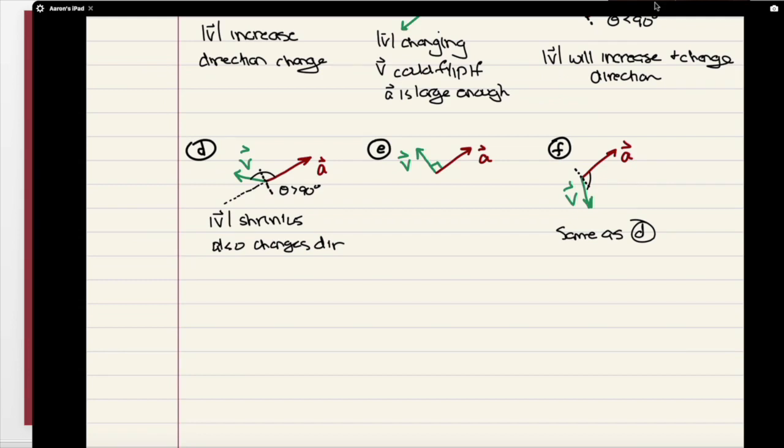So V is neither pointing in the same direction as A nor anti-parallel to A. So in this case, this might be the one where it was kind of uncertain. This one is the case where the magnitude of V does not change. It simply changes direction.